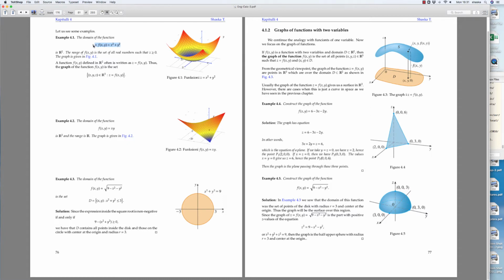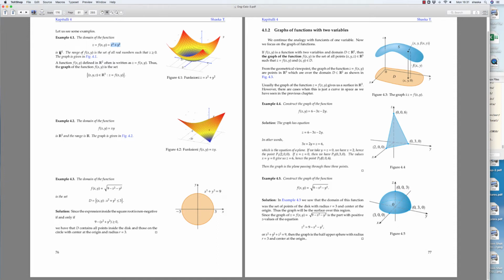By the way, we normally write a third variable here, so we say z = x squared plus y squared. Well, the domain here is basically anything you want for x and y, because there are no problems. For any ordered pair (x, y), we can compute the value of the function.